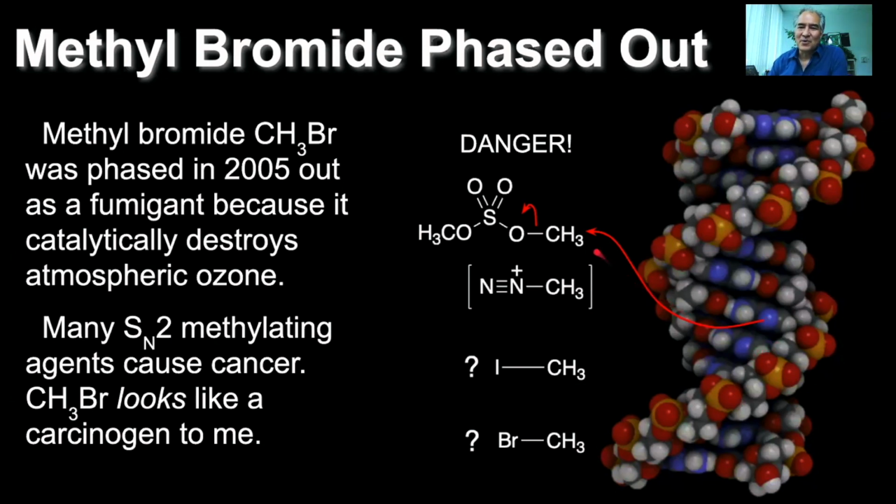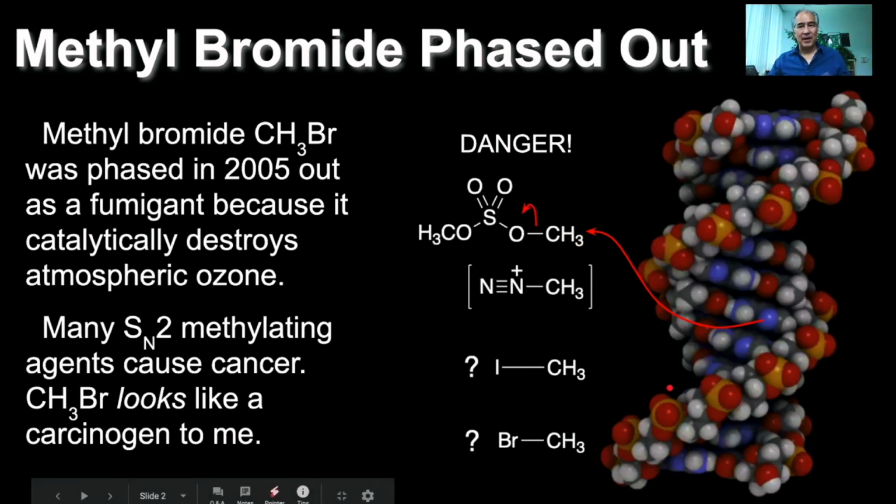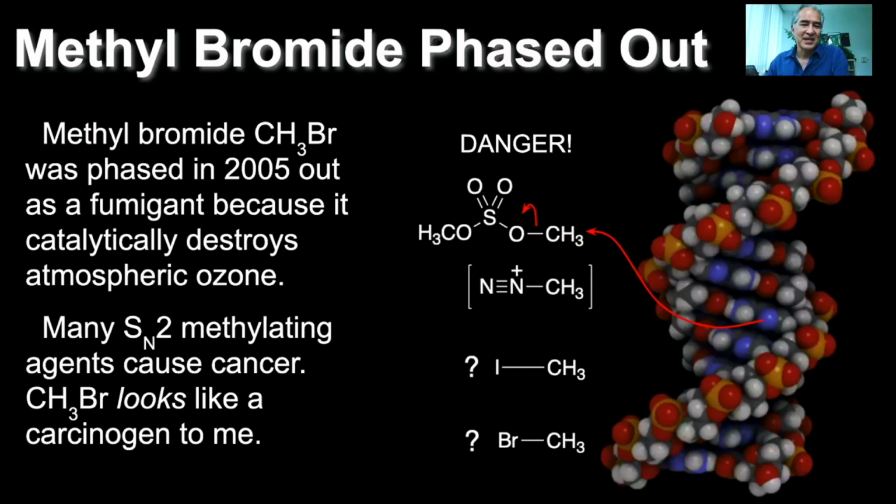Don't alkylate it. So anytime I see an electrophilic methylating agent, it scares me. And methyl bromide looks like an electrophilic methylating agent. It looks like a carcinogen to me. It's a suspected carcinogen, which means that, you know, it takes a great deal of effort to prove in a laboratory setting that a compound will lead to cancer.